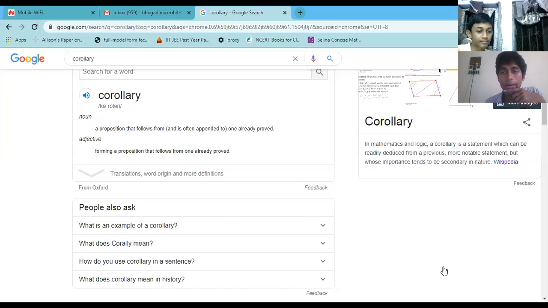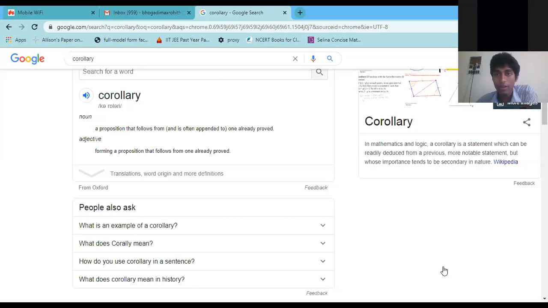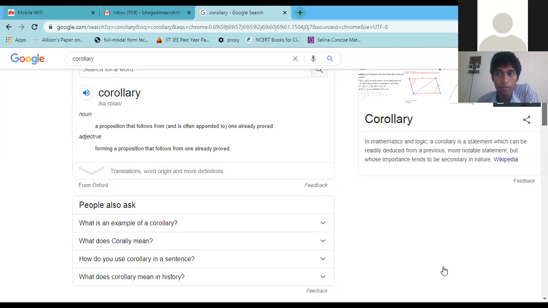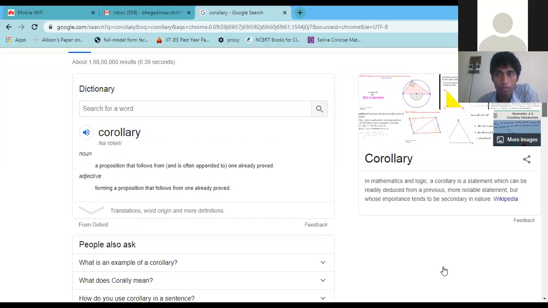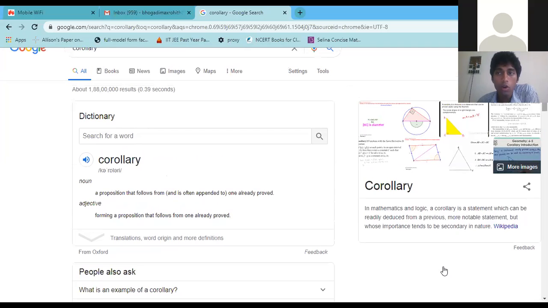Postulates are different. The postulates don't necessarily have proofs always, but a corollary can be proved.